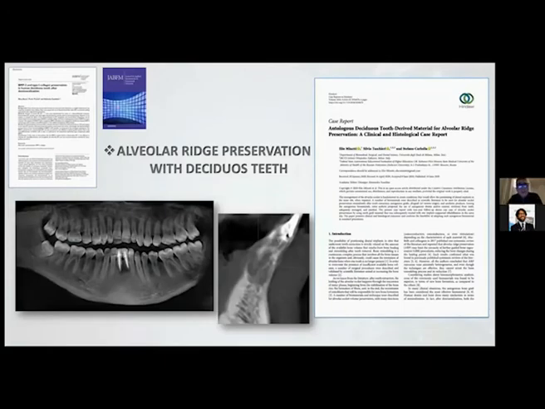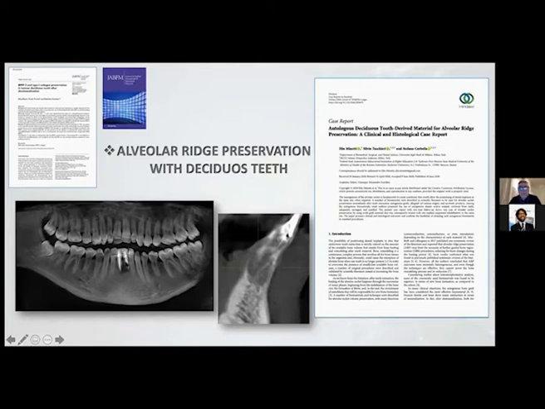Okay, this is another very interesting case, because it's alveolar ridge preservation using a deciduous tooth. The patient is a young woman, 26 years old, and it's impossible to use her teeth because they have a prosthesis and also a big endodontic treatment.